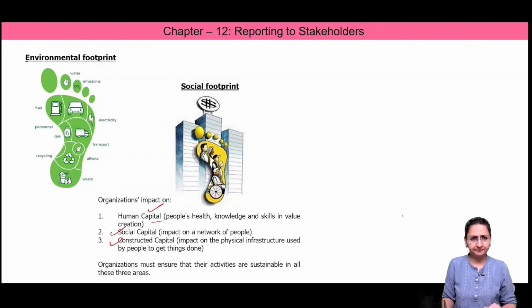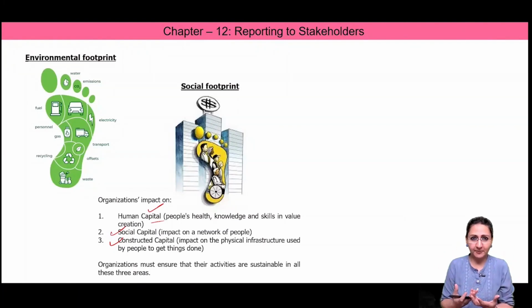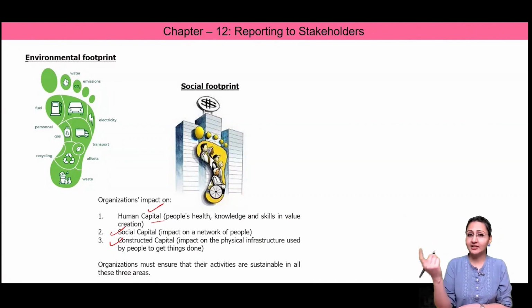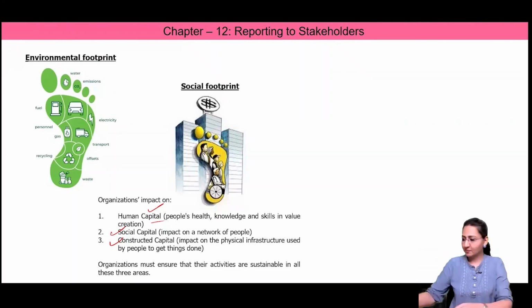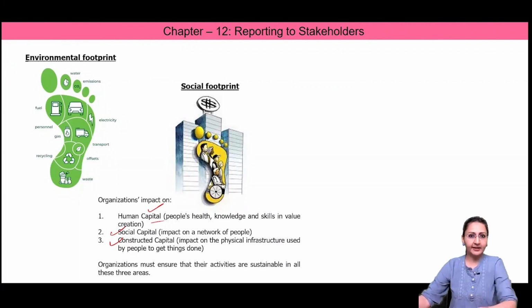How? Human capital: a factory in a place will impact the health of the nearby people. It will create pollution. It will create some disposal of chemicals in the waters. This is how the health will be impacted, but on the same side, it will give employment to them also. That means making these people more skilled, employed, and independent.